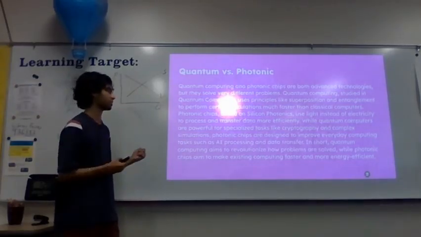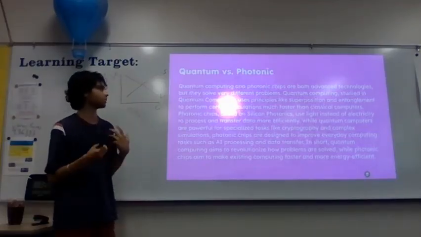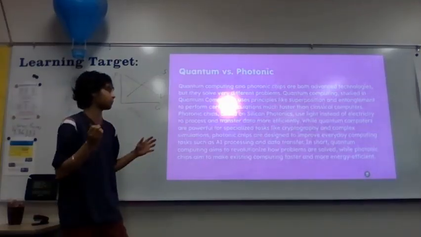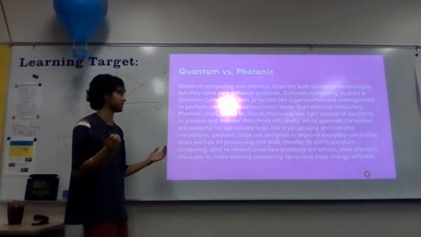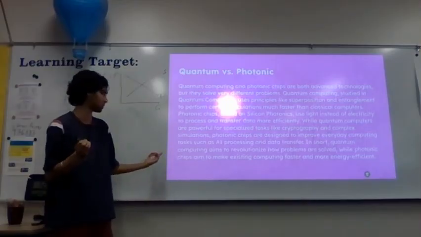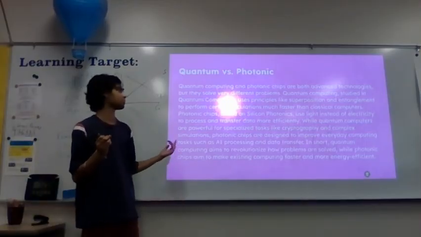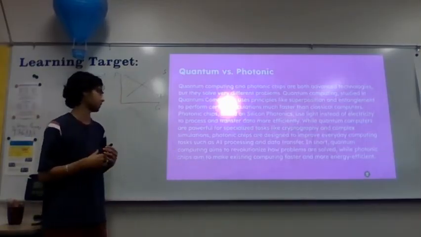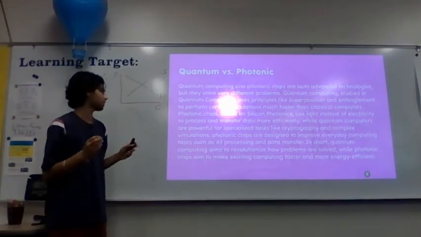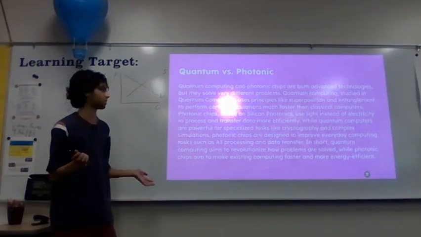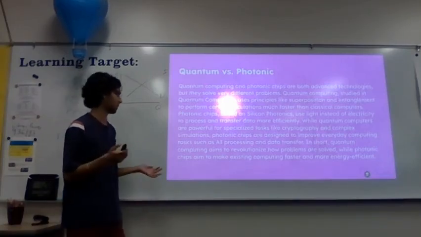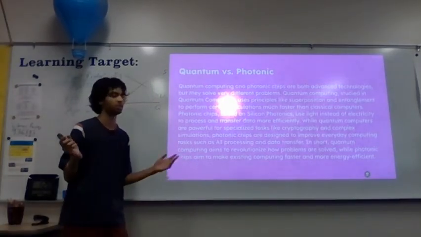Photonic chips based on silicon photonics use light instead of electricity to process and transfer data more efficiently, while quantum computers are powerful for specialized tasks like cryptography and complex simulations. Photonic chips are designed to improve everyday computing, such as AI processing and data transfer. In short, quantum computing aims to revolutionize how problems are solved, while photonic chips aim to make existing computing faster and more energy efficient.